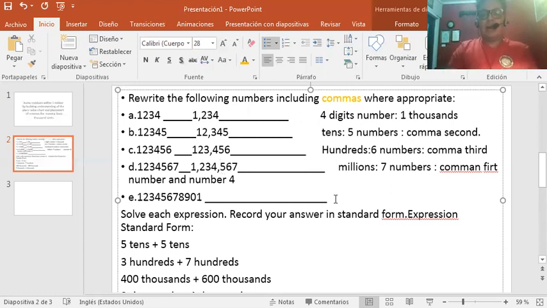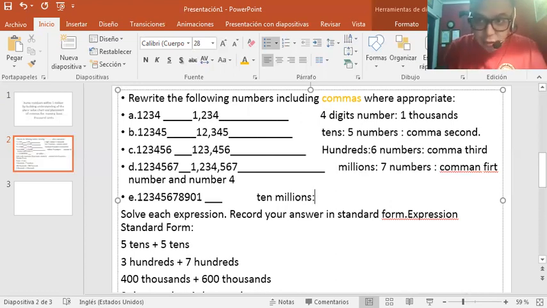So now let's go to see here. So now we are talking about 10 millions, okay? So when we are talking about 10 millions, it's very important and it's very key to know this: if a million has 7 numbers, how many numbers is it going to have at 10 million?